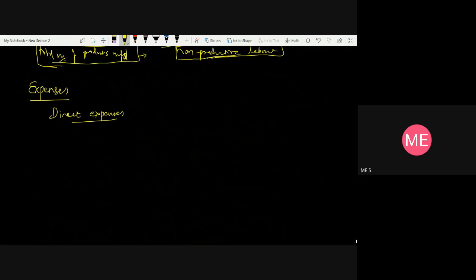Direct expenses are nothing but the expenditure incurred by excluding, we need not consider here, the direct material cost and direct labor cost. So the expenditure incurred by any industry, excluding the direct material cost and direct labor cost, is known as expenses or direct expenses.